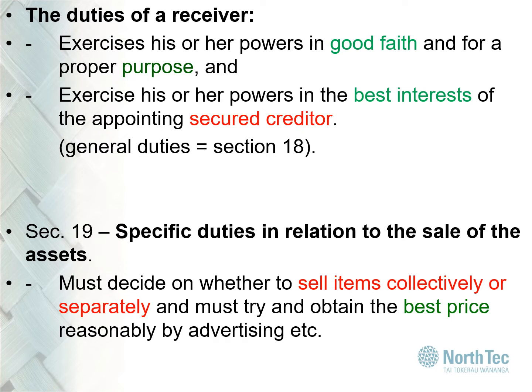Section 19, the specific duties in relation to the sale of the assets. In other words, the receiver must decide on whether to sell the items collectively or separately. And he must try and obtain the best price reasonably by advertising it and so on.